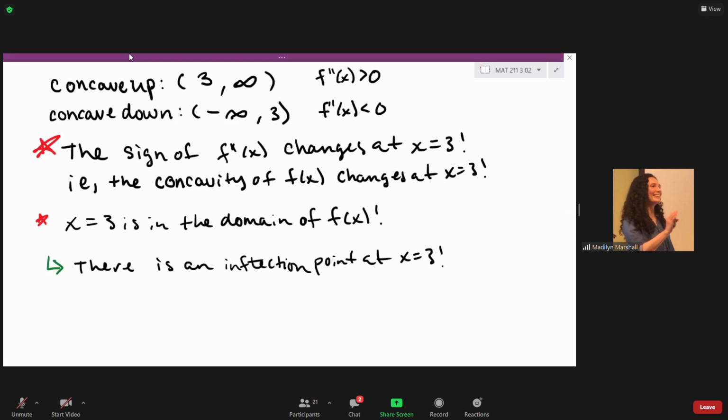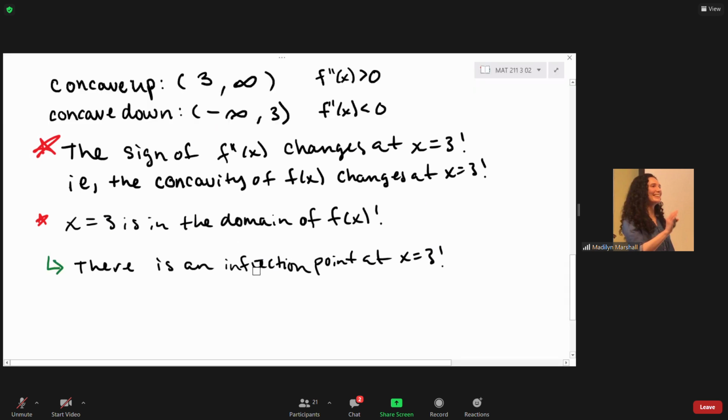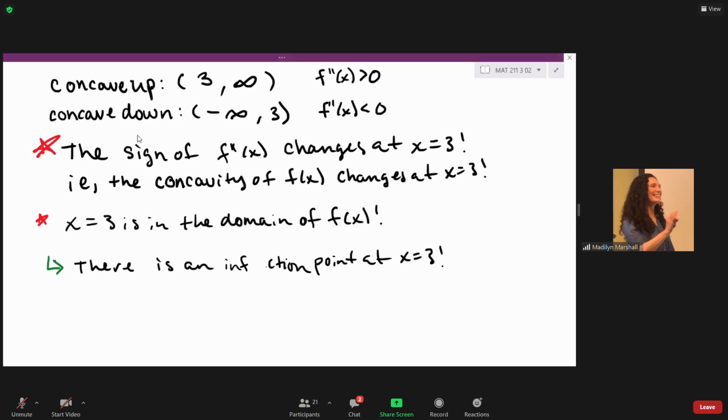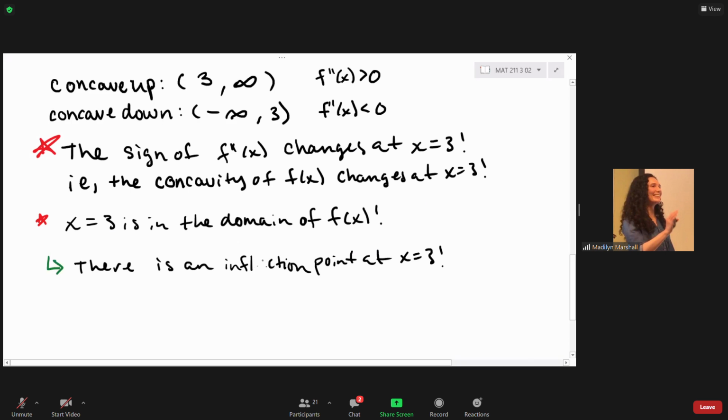Oh, and I didn't mean to cross the L on inflection. So our inflection point is the whole point x, y. So we do need to now find f of 3.